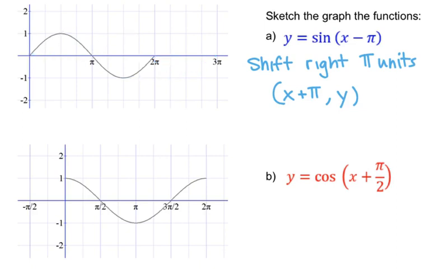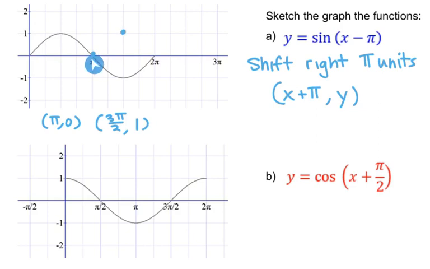So 0, 0, if I add pi to the 0, that gives me pi, 0. Here I have pi over 2, 1. If I add pi to pi over 2, that's going to take me to 3 pi over 2. So I have 3 pi over 2, 1.